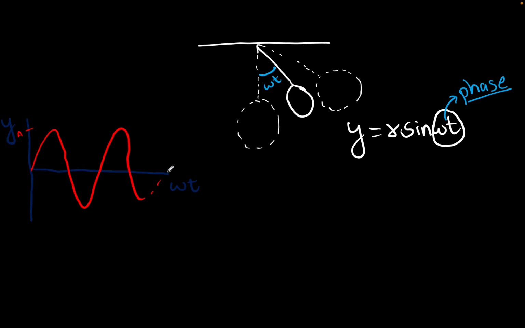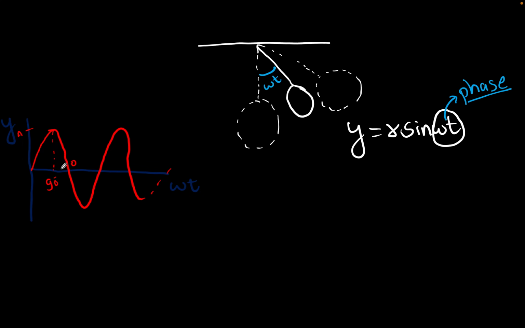Now if you see, at this time right here, our phase is going to be 0, and at this time right here, our omega t, our phase, is going to be pi by 2 or 90 degree, and this is our 0.